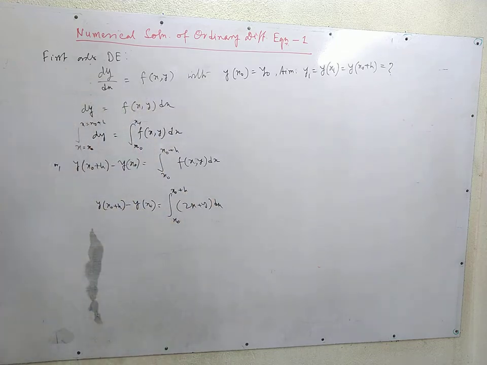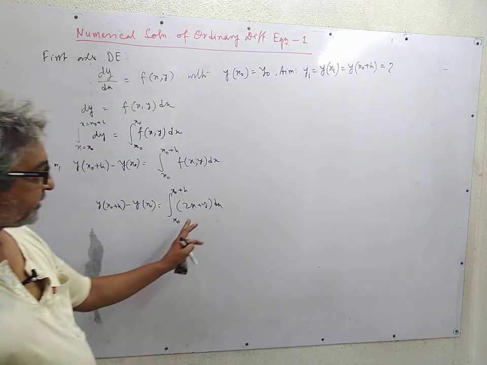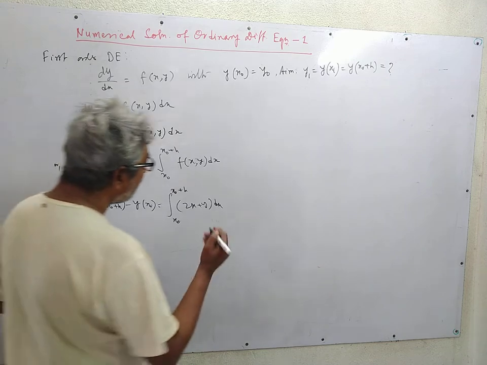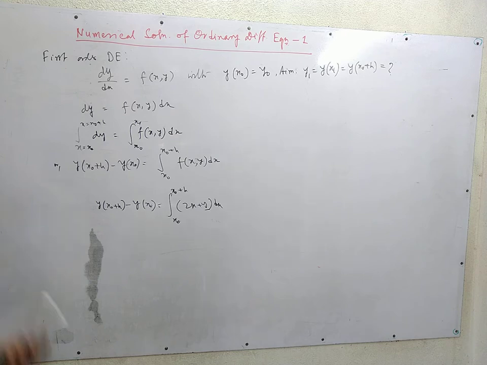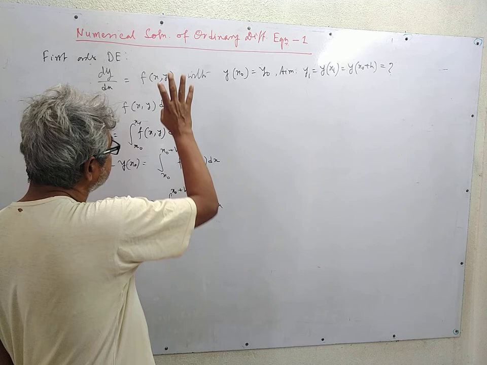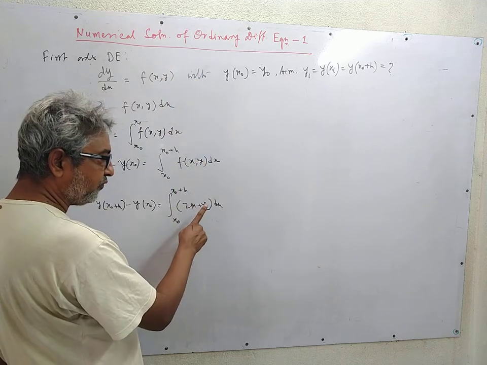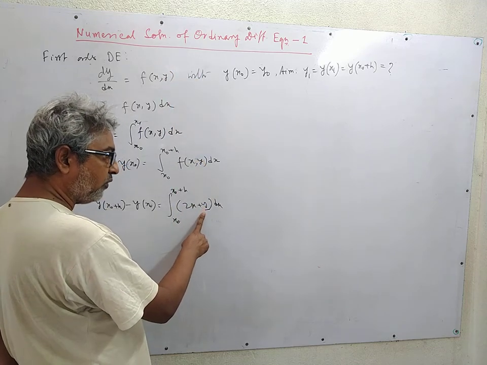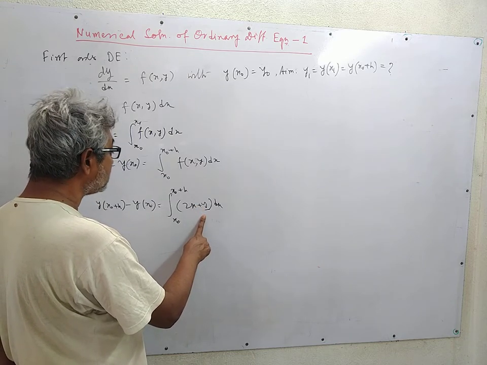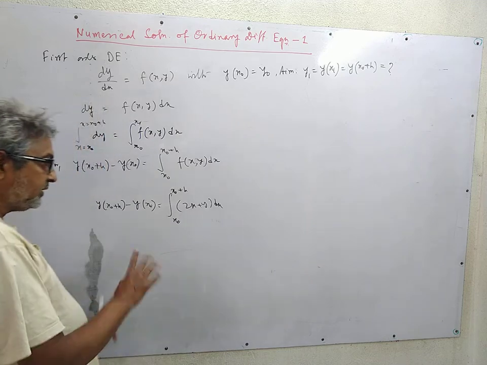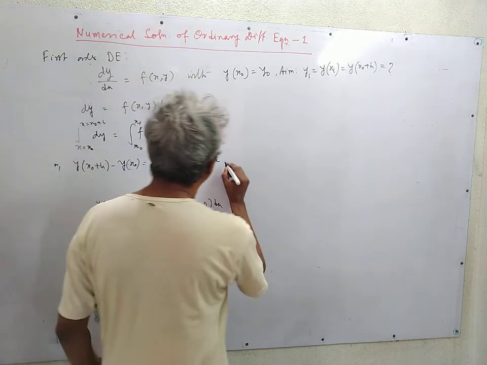If we want to perform this integration, then we need to know the dependence of y on x, which is our problem, which is basically the problem of solving a differential equation. As we could not solve this differential equation, the functional form, or rather the dependence of y on x, is not known. Such an equation is called an integral equation.